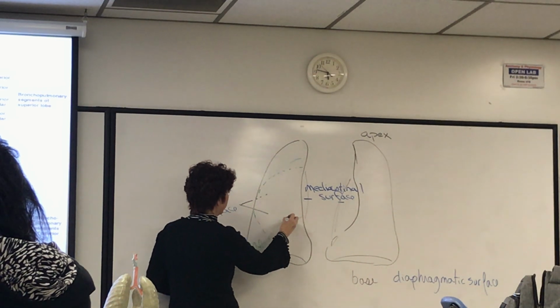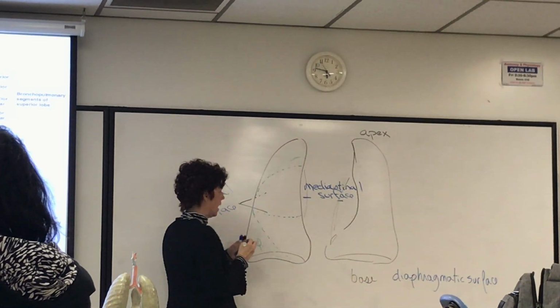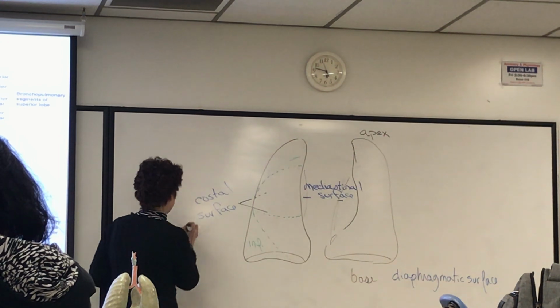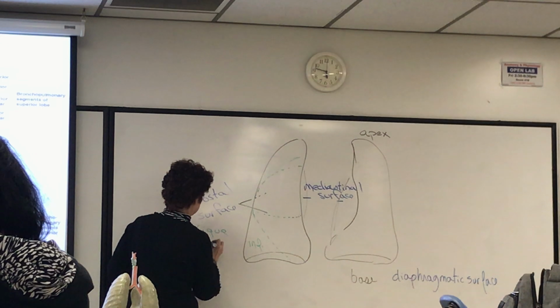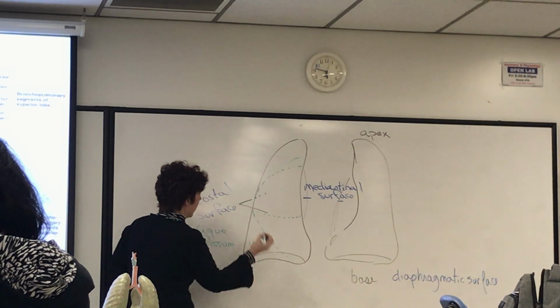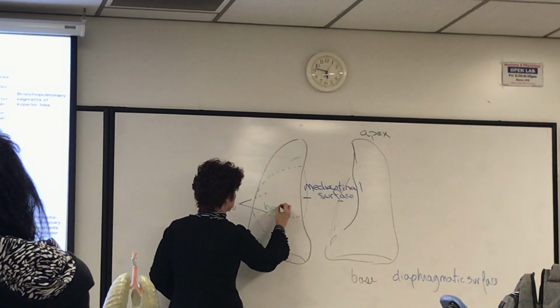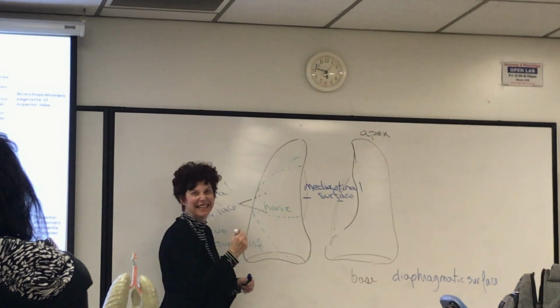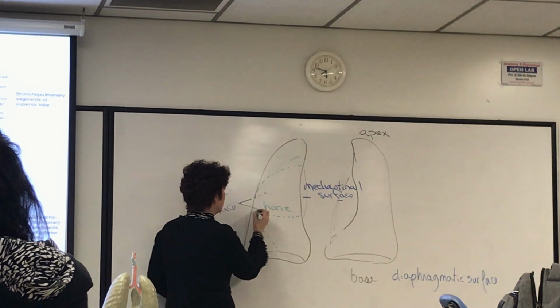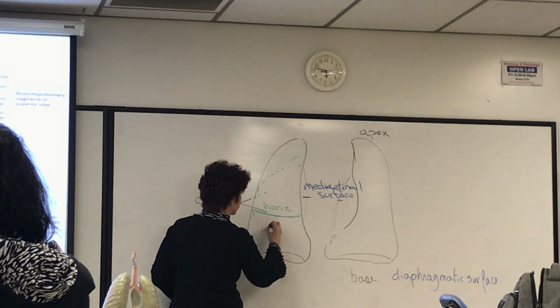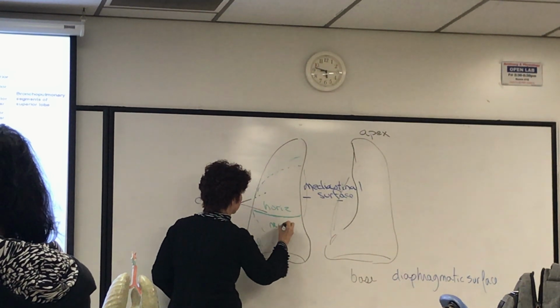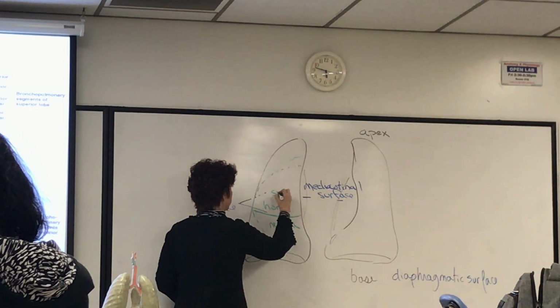And then we have on the anterior aspect, the transverse fissure. So this is oblique. This is horizontal. This is an anterior view. So let me draw this as a dotted line. It's a solid line. This is middle. And this is superior lobe.